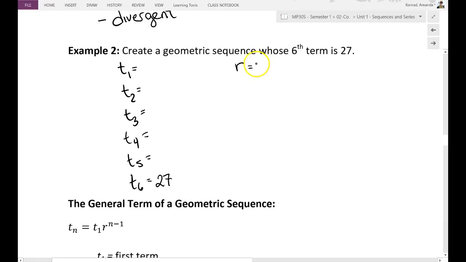So R can be 3, because it's a number that goes into 27 nicely. 27 divided by 3, because we're working down back towards term 1, is going to be 9. 9 divided by 3 is 3. 3 divided by 3 is 1. 1 divided by 3 is a third. 1/3 divided by 3 is actually 1/9.